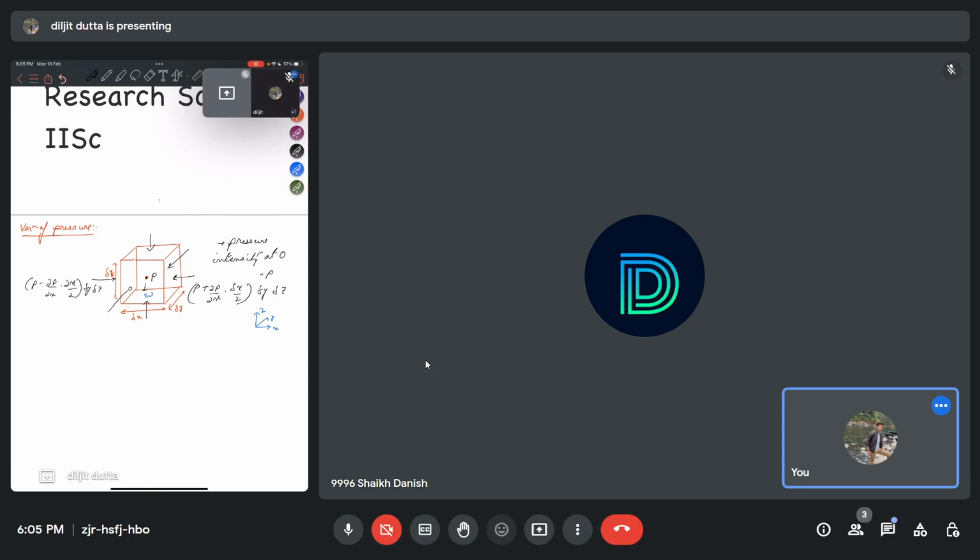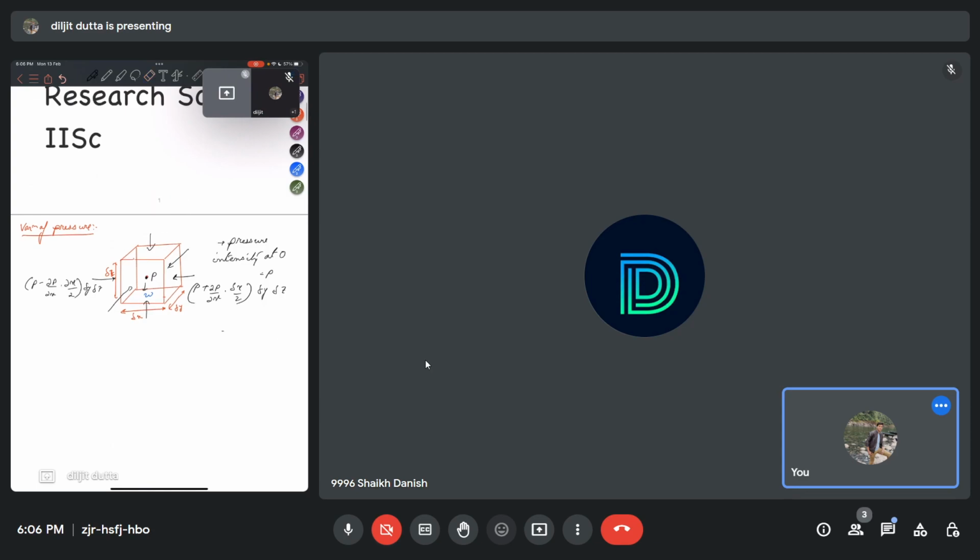At a point P, at the center of the cuboid, the pressure is P, and the weight of the fluid element at that center is W. Let us see how the pressure varies in the x, y, and z directions in the fluid.